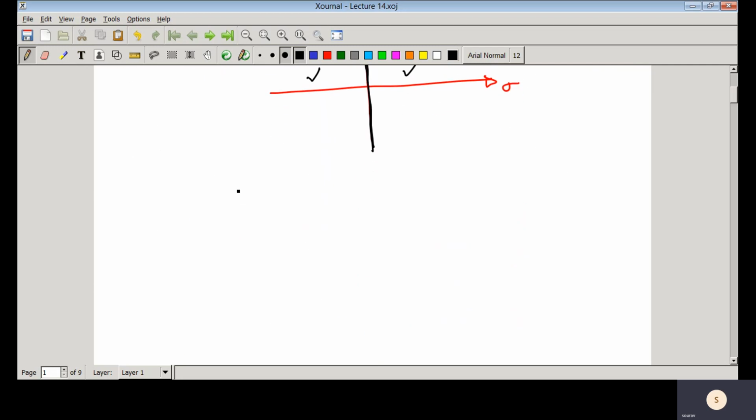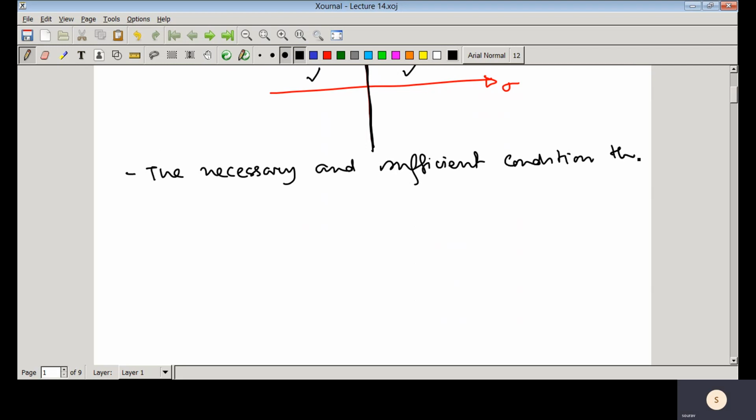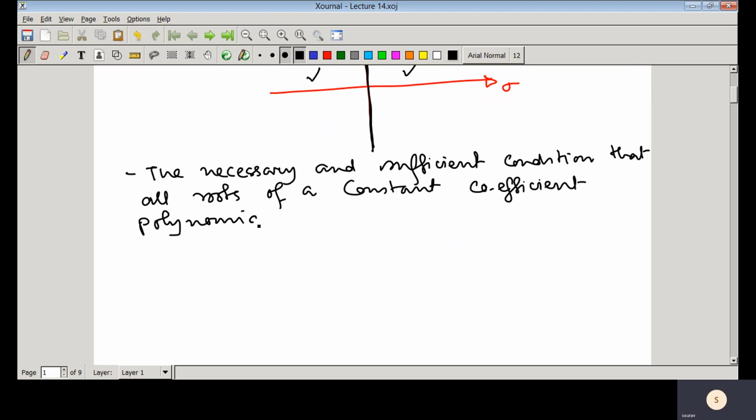The necessary and sufficient condition is that all roots of a constant coefficient polynomial lie in the left half of the S-plane.